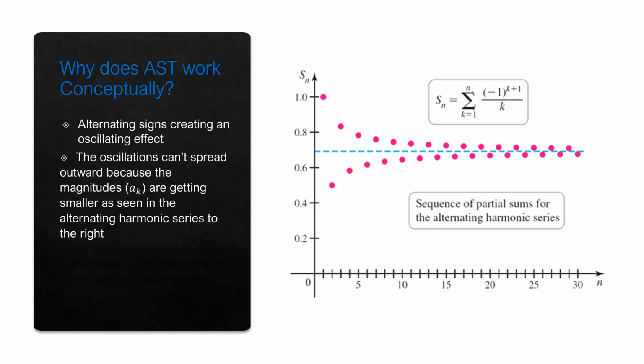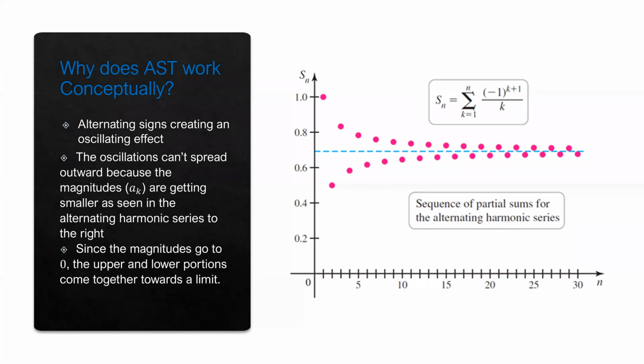As a matter of fact, because the magnitudes go to 0, the upper and the lower portions will come together towards a limit, just like what you see here in this picture. Okay, so that's sort of how that works. And in your note packet, you have a proof of this. So you should go over that just to make sure that you really understand how this works mathematically. But conceptually, that's the idea.